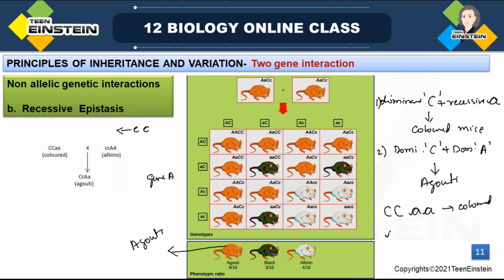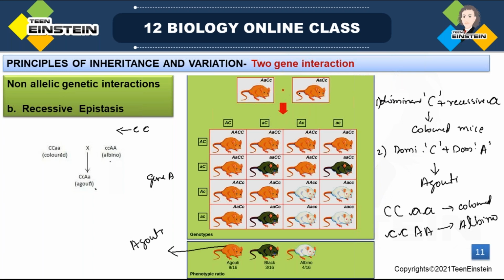And recessive C and dominant A, that forms albino. Albino. Okay. So when we are crossing colored one with albino, that forms heterozygous condition, that gives agouti.